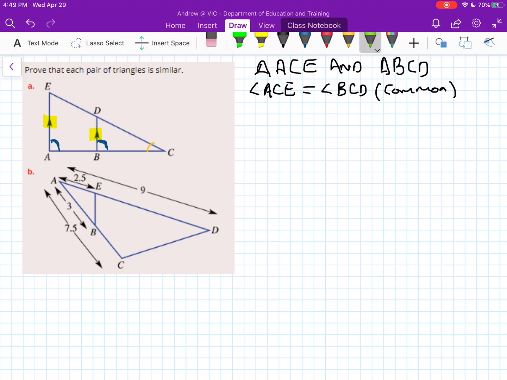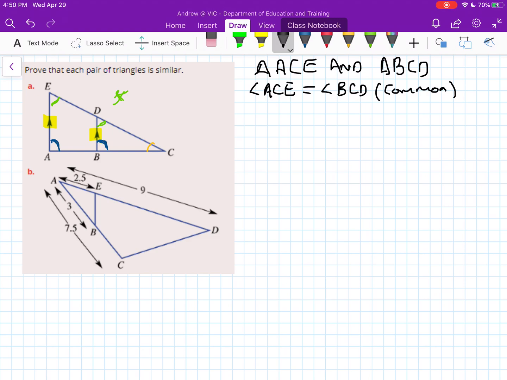And also, if you look at our longer line up the top here, so this line that goes all the way up here, we've got an angle inside here of our parallel line and an angle there. You'll know, because it's the same line going through, these angles are also going to be corresponding. So we've got two lots of angles here that are corresponding.